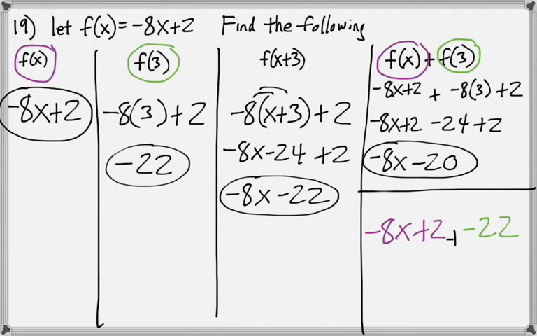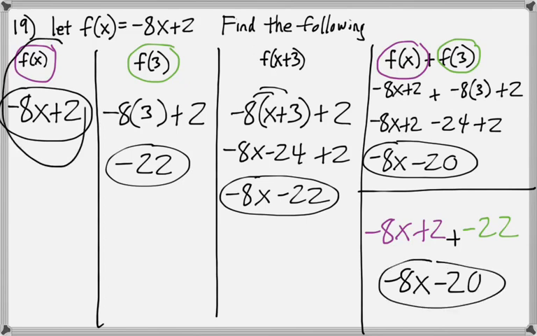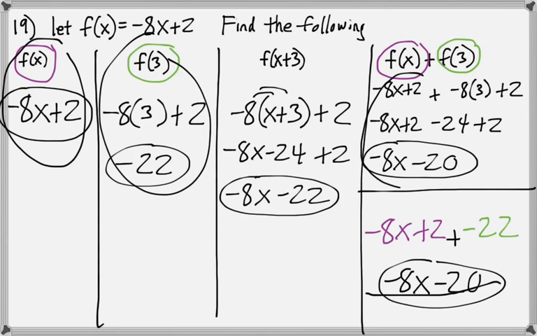And you're adding them, so that will be negative 8x minus 20. So if you want to take the previous work that you've already done and just add those up, you can, versus starting from scratch, which is what I did here. But as long as you get negative 8x minus 20, then you're okay.